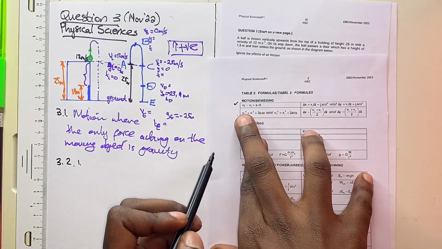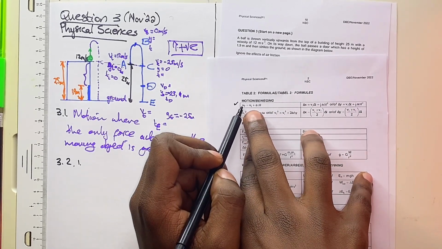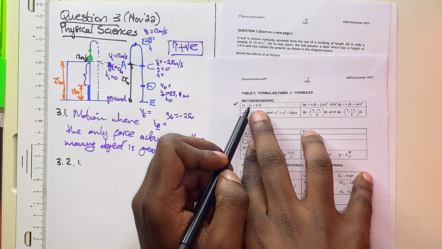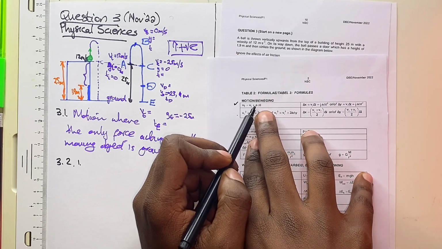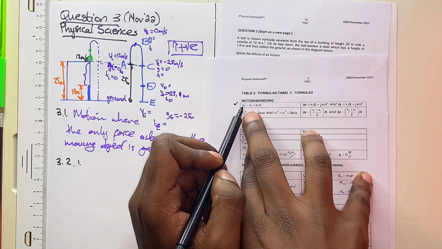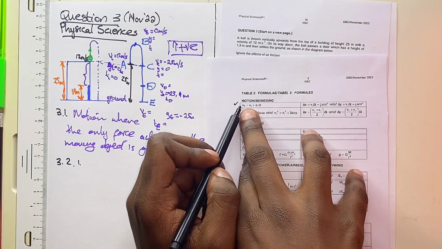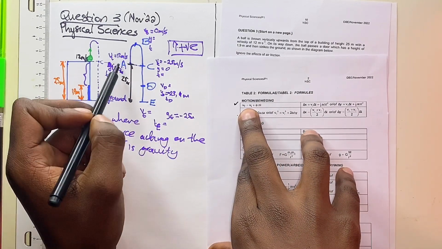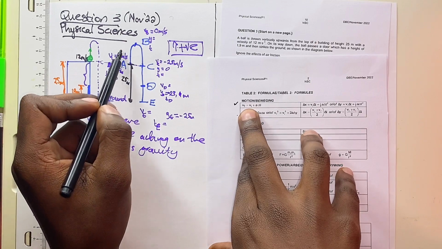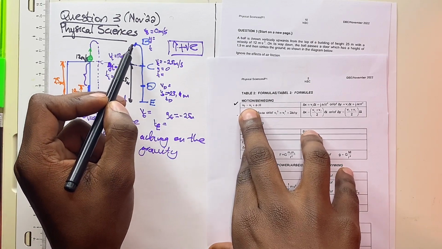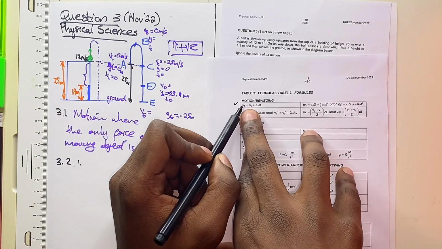The first equation says Vf equal to Vi plus a delta t. So do we have the final velocity at B? Because A will be our initial, it moves to B, and B will be our final. Do we have the final velocity?